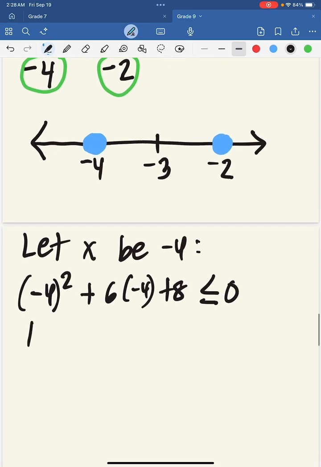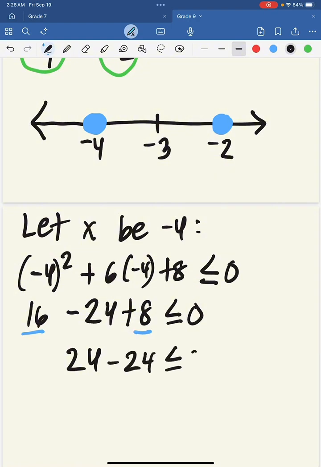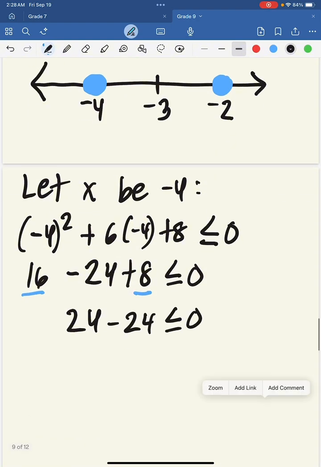So 4 squared is 16. 6 times -4 is -24, plus 8 is less than or equal to 0. 16 plus 8 is 24. So 24 minus 24 is less than or equal to 0, in which the result is 0 is less than or equal to 0, or equal to itself, which means that -4 being used is correct.